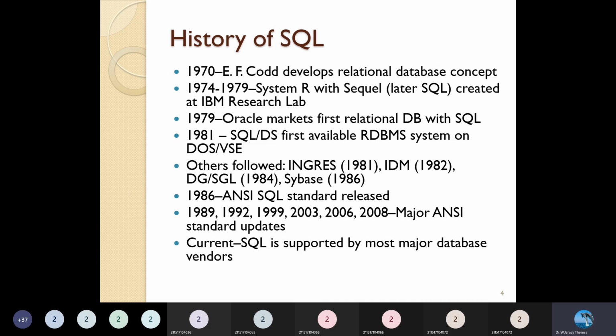By 1979, Oracle marketed the first relational database with SQL. By the year 1981, the first RDBMS system became available over DOS, which is a command prompt operating system.